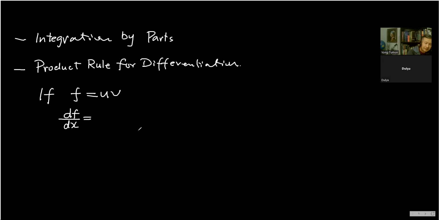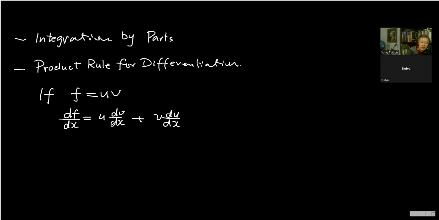It's du/dx times v plus, it doesn't matter which one goes first, u dv/dx. Plus v du/dx. It's just a sum, right? So what does that mean?